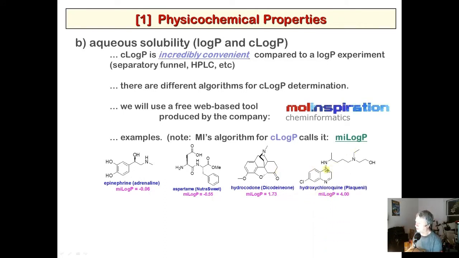Hydroxychloroquine, which is one of these drugs they're considering for COVID-19 right now. It's also called Plaquenil. It's really used as an anti-malarial drug, probably for maybe 50 years or something like that. It's very closely related to chloroquine.